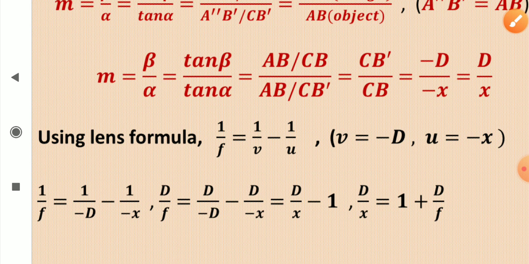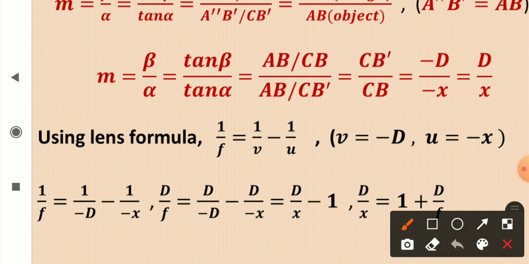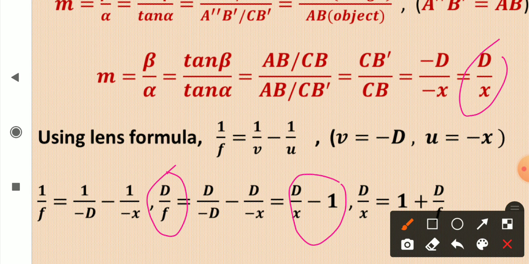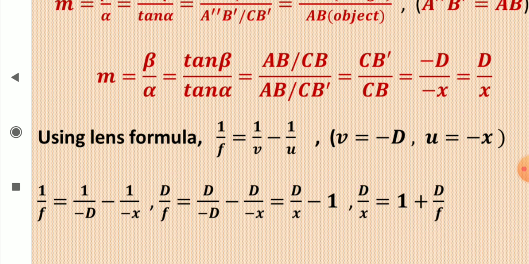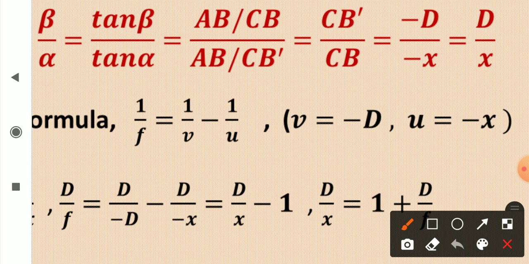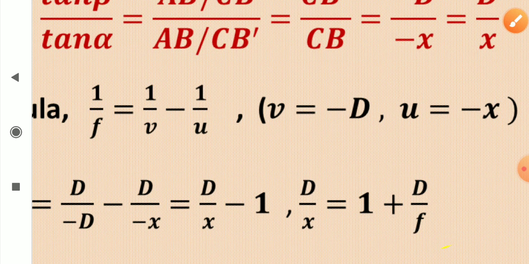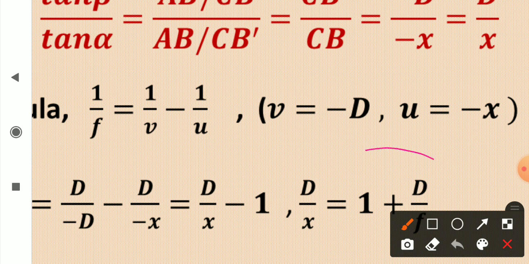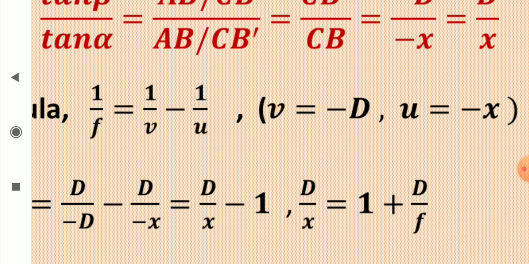So now you have got d upon f is equal to d upon x minus 1, and I want d upon x, so keep d upon x on one side and take this minus to the other side. So you get d upon x is equal to 1 plus d upon f.